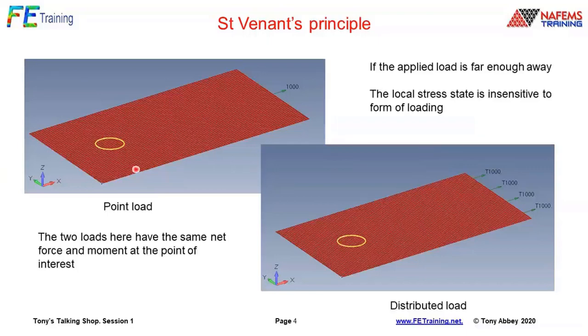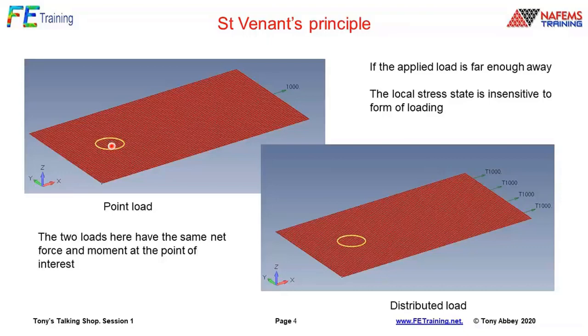So what it means is that I've got two plates here, and I'm applying a load at the far right-hand end. This one, I'm applying a point load, but my target region of stresses is over here, where the yellow circle is. And basically what St. Venants theorem is saying is if the applied load is far enough, we don't care what the form of the loading is. Now, they must have the same equilibrium at the center of the target there, so the forces and moments must be the same balance.